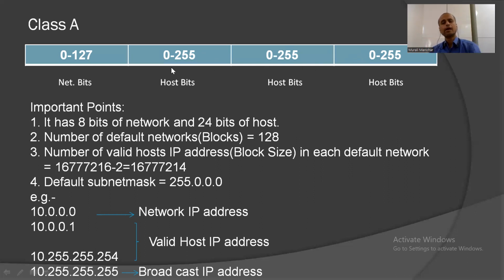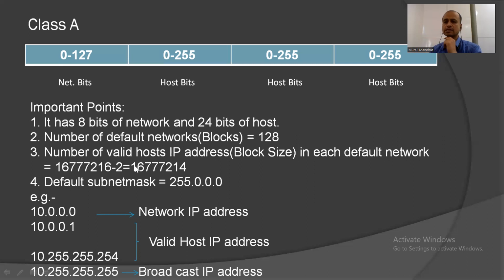So 256 times 256 times 256 is 16,777,216. And as I have told you, in each network there is a network IP address and a broadcast IP address. It means in every case we should reduce two. Two IP addresses cannot be used for the configuration of any node.